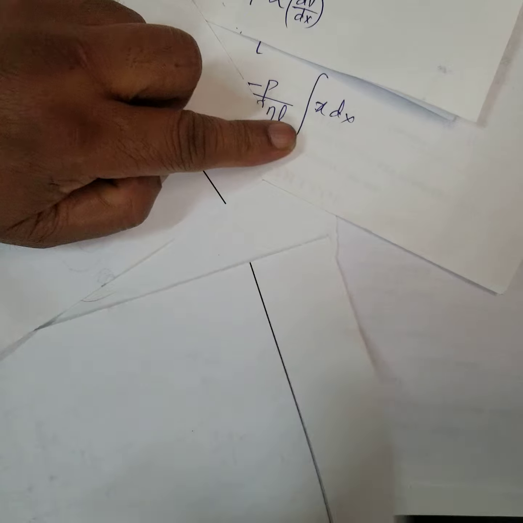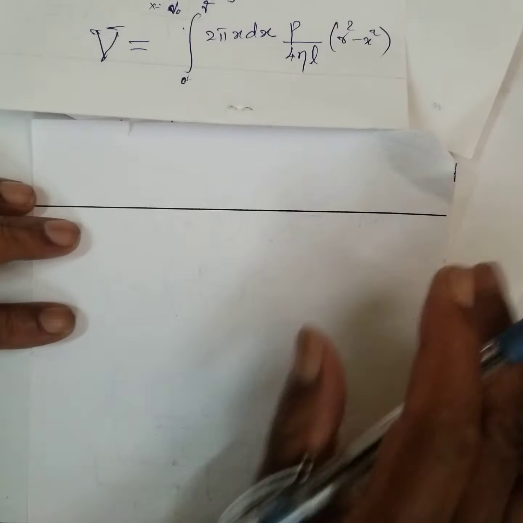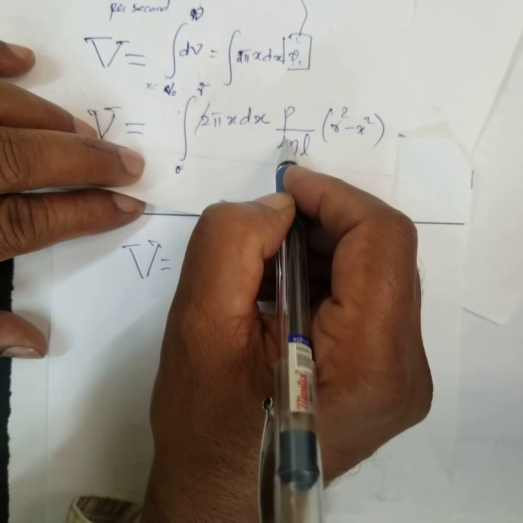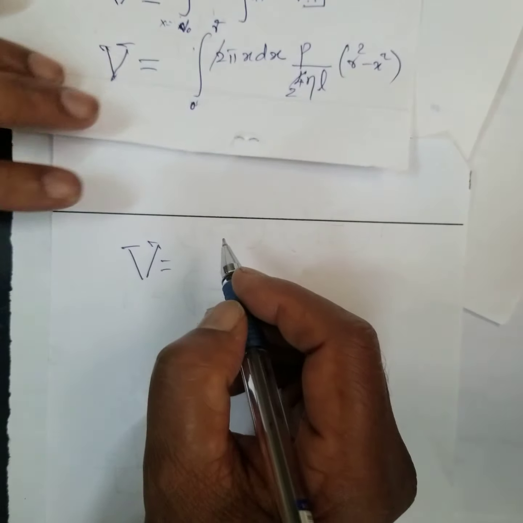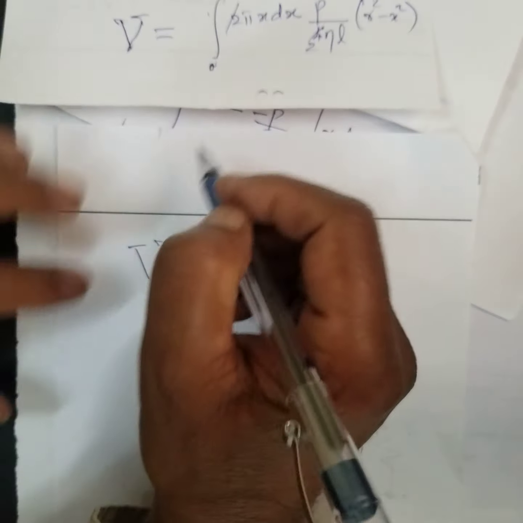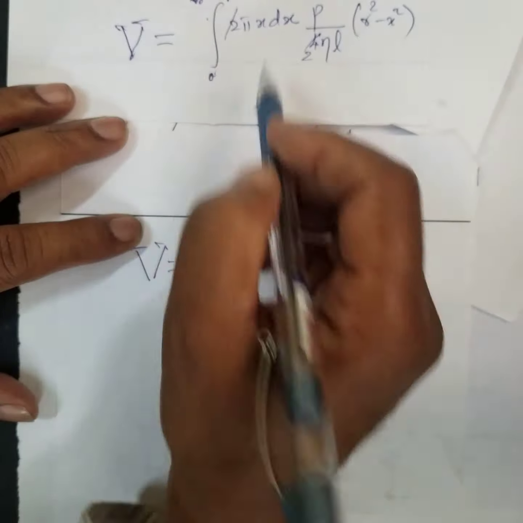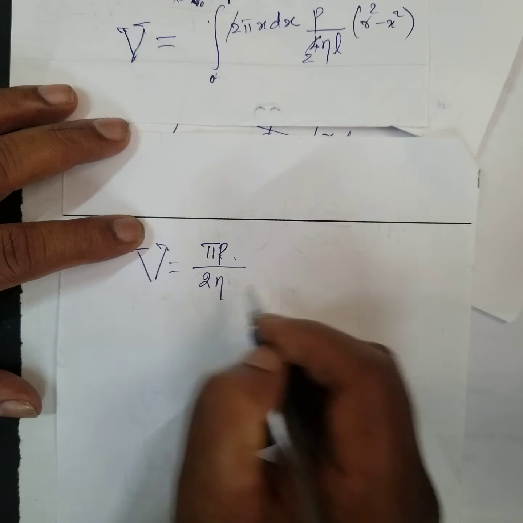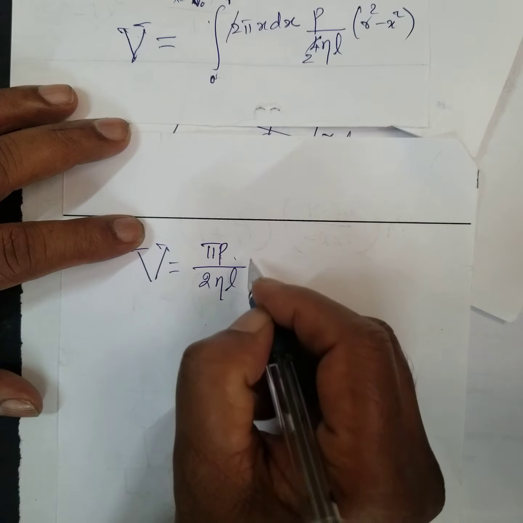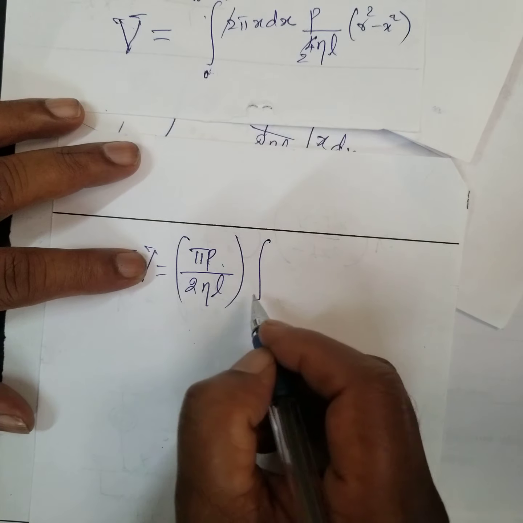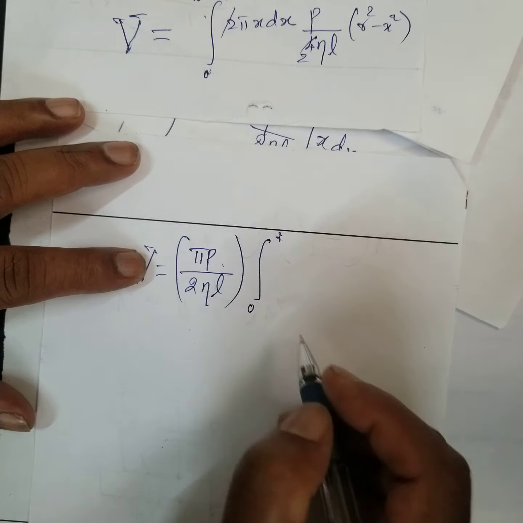Now, how to evaluate this quantity? Capital V is equal to, here 2 gets cancelled. Therefore, pi p, I will remember, and 2 eta L also I will take out, integral from 0 to r.